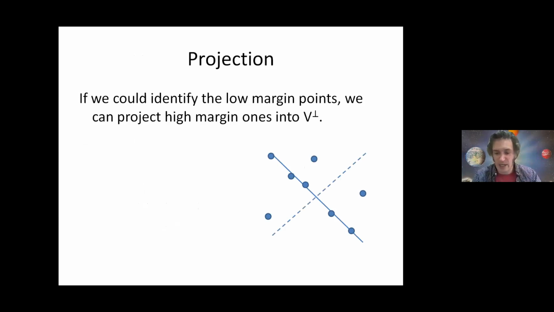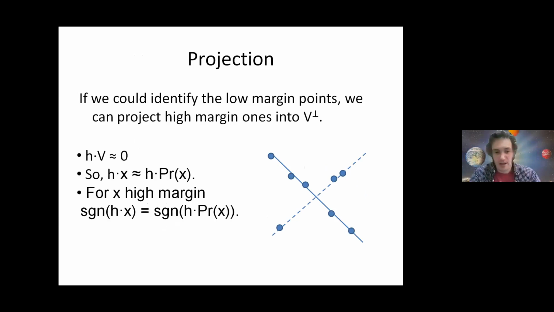And so in particular, if we took all of our high margin points and projected them onto V perp, this would do basically nothing to change which side of the hyperplane they're on. But on the other hand, V perp is a much lower dimensional space. Maybe more formally, we know that for every point in V, because it's in the span of these low margin points, H dot V is very, very close to 0.